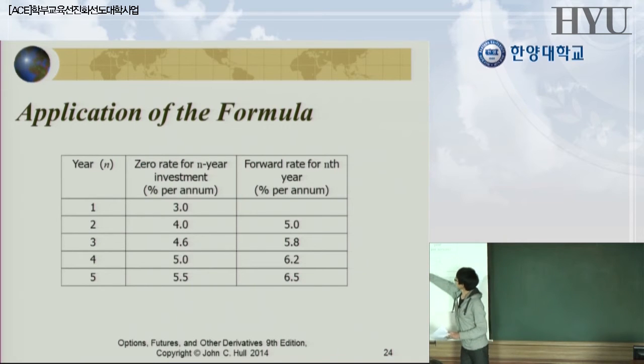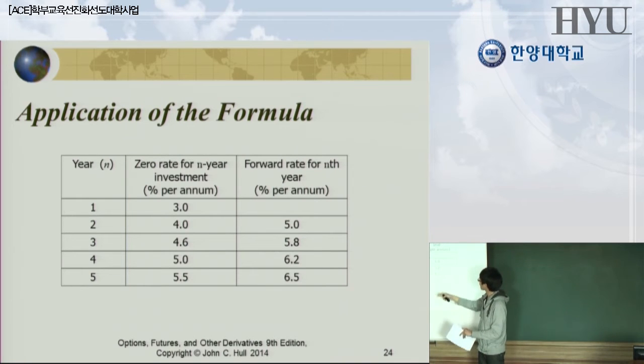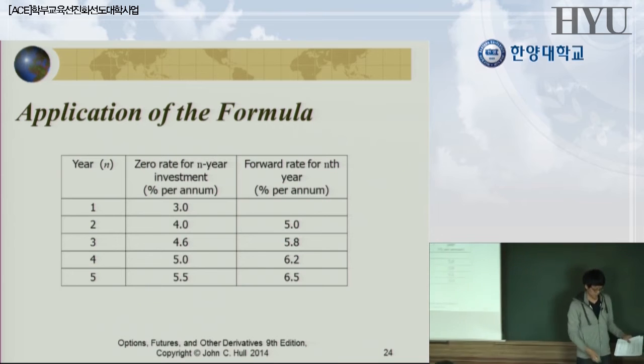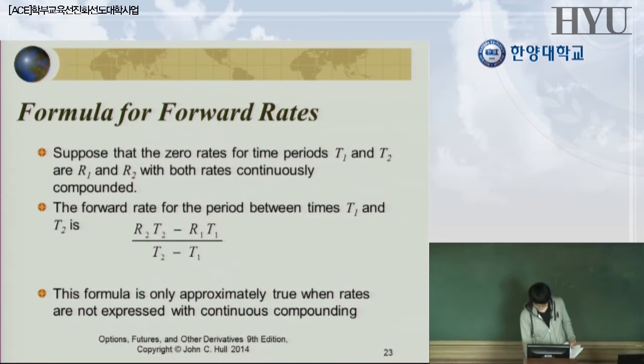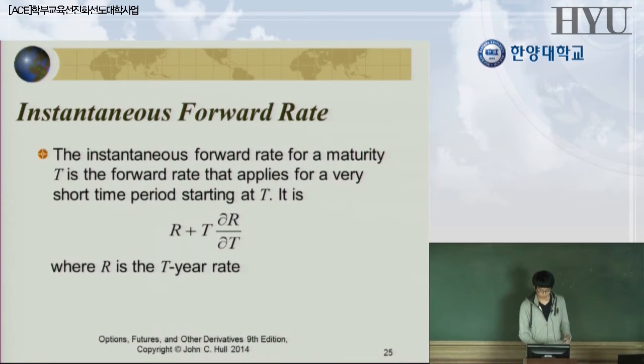If we invest 2 years at 4% and then invest 1 more year at 5.8%, it is the same as 3 years at 4.6%. And that formula is for calculating continuous forward rates.